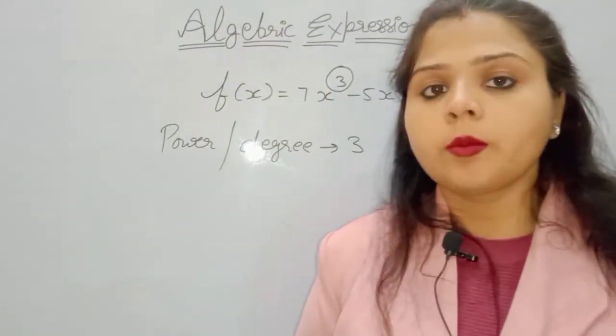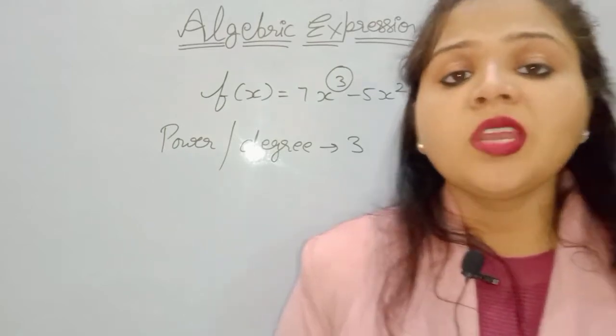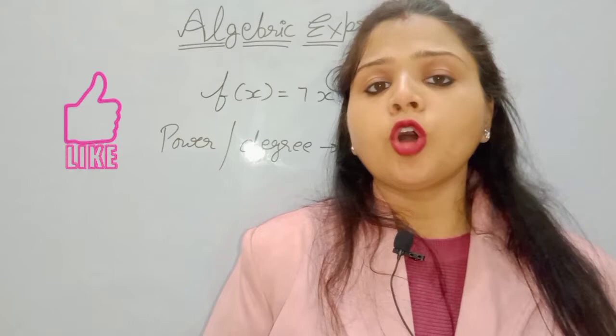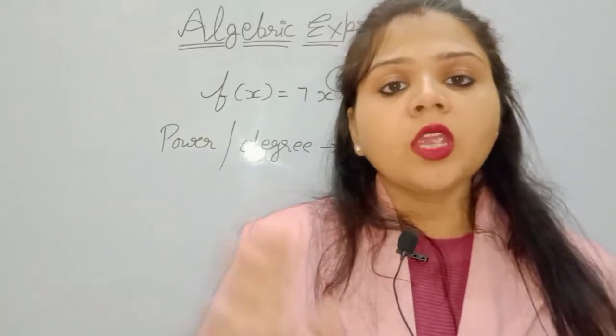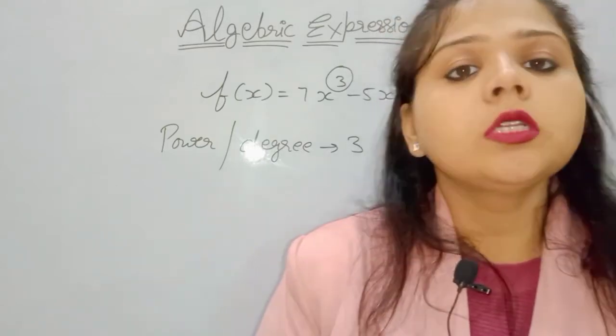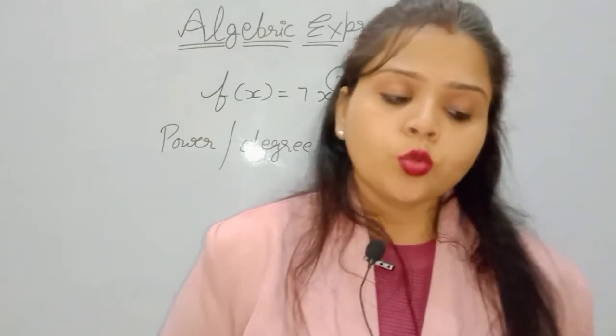So next we study about linear equations. What is the meaning of linear? Linear means 1. In case of linear equations, the maximum power of x is 1. Okay, so we can have linear equation in one variable or in two variables. So let's study about this linear equation in one variable and in two variable.